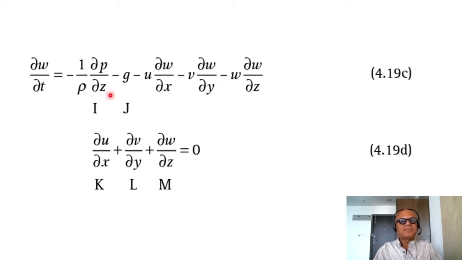In the vertical, we can still write dw dt equals minus 1 over rho dp dz minus g, which is the gravitational pull, and the momentum advection in the vertical.